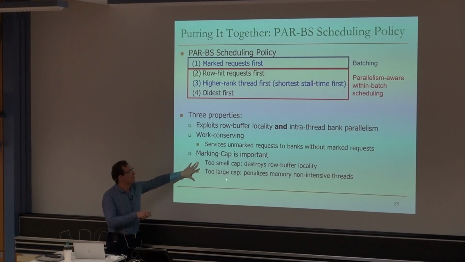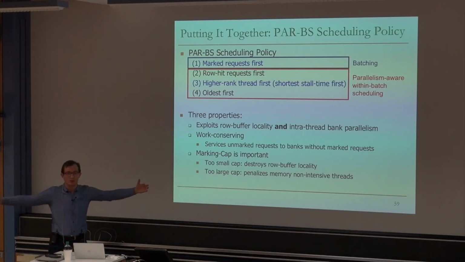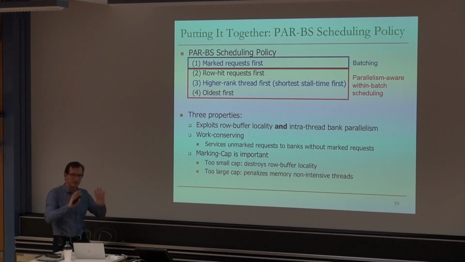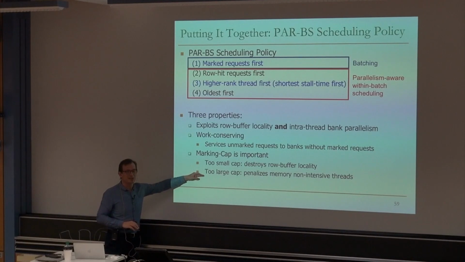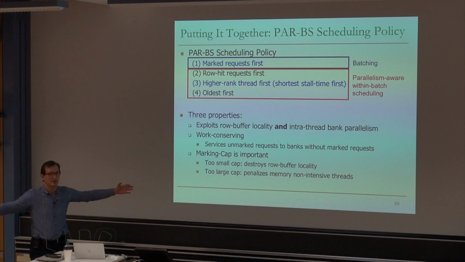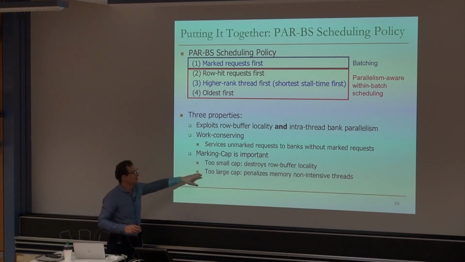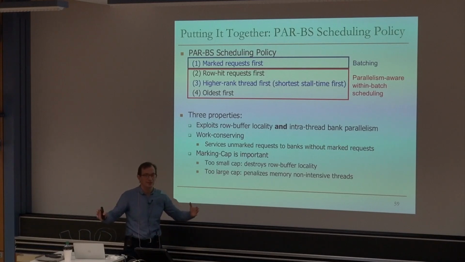If you have too large a cap, what happens is you have too many requests inside the batch. Now your batches are much larger, which is good for exploiting row buffer locality, good for exploiting parallelism, but it's not good for memory non-intensive threads. Having larger batches is not necessarily good for your fairness or sometimes performance because your batch is very long and your batch is prioritized before any other request.